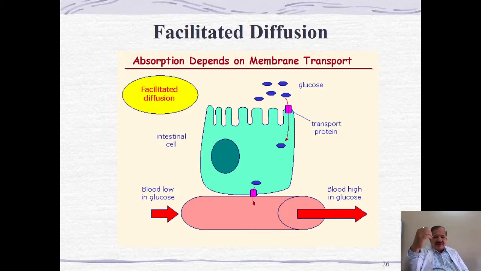So there is facilitated diffusion. How does it take glucose from outside, that is from the gut? It comes onto the interstitial cells, the extracellular fluid. From the extracellular fluid, it goes into the intracellular fluid. From the intracellular fluid, it is going into the blood.